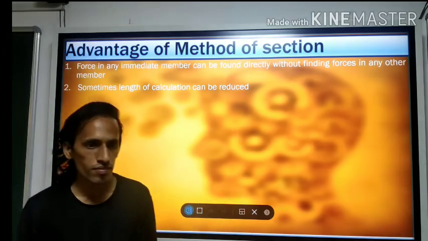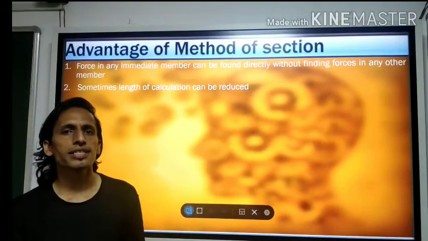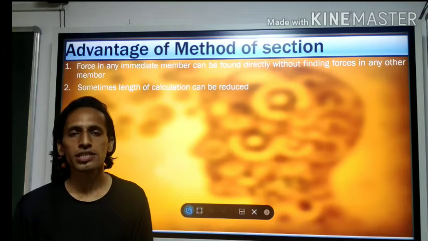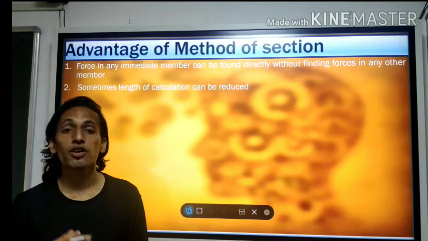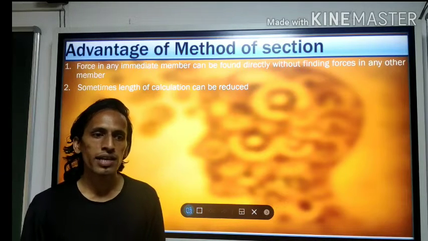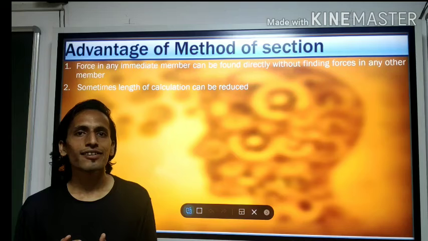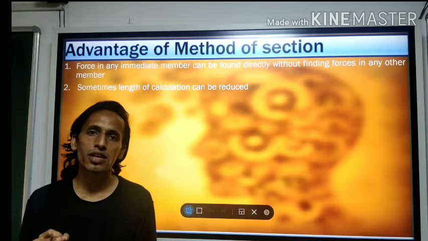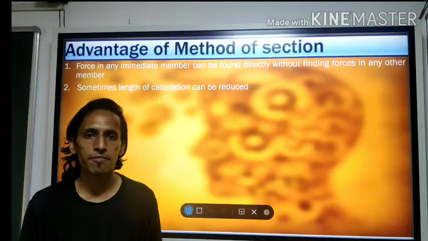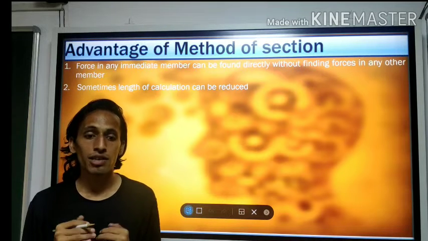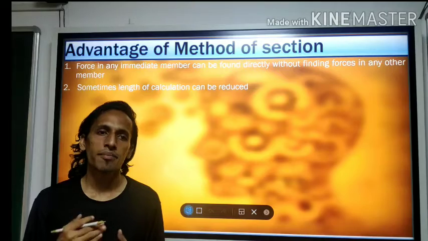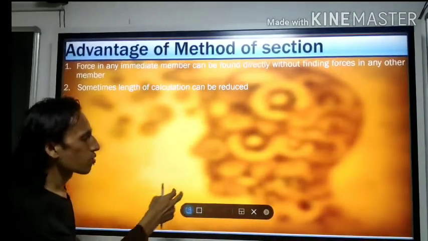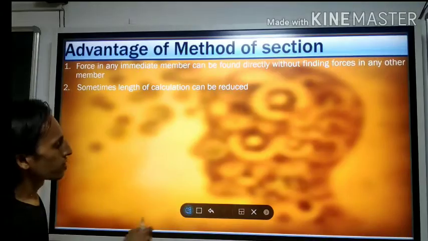The second point is that method of section significantly reduces your calculation, but it will reduce the calculation only if you use this method very smartly. The way you use the method is very, very important.